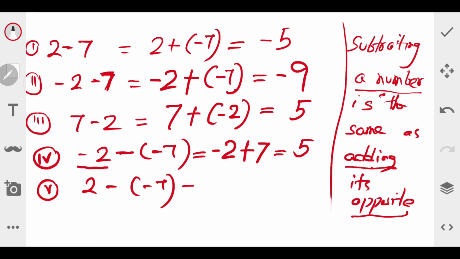Let's look at the last one. We are subtracting -7 from +2, so 2 is untouched because that's your starting amount. Subtraction becomes addition, and what we're subtracting, -7, will become +7. So we have $2, another $7, which makes $9.